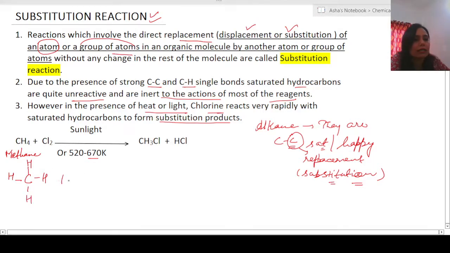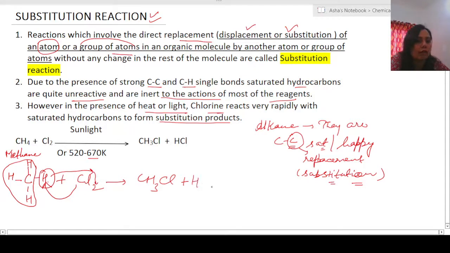Now when you are attaching Cl here, what will happen? One Cl will replace this H and it will form CH3. This whole side will become CH3, and instead of this H, Cl will come, and this H which is coming out will combine with another Cl to form HCl.